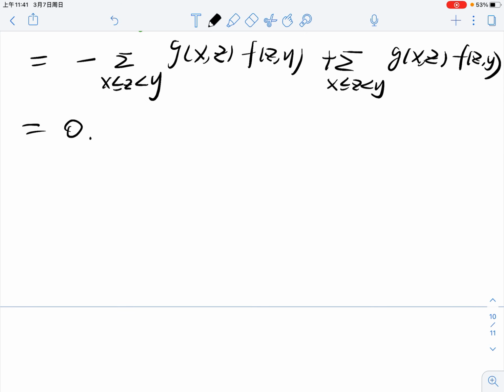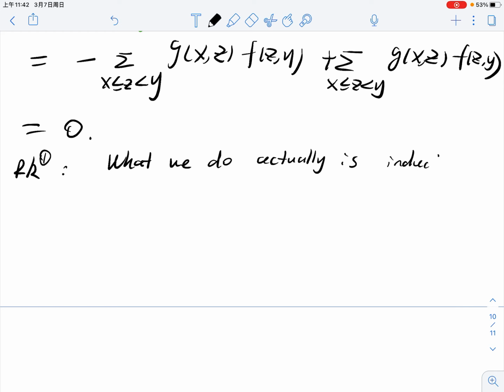And remark 1: what we do actually is inductively solve the equation g convolution f equals delta.